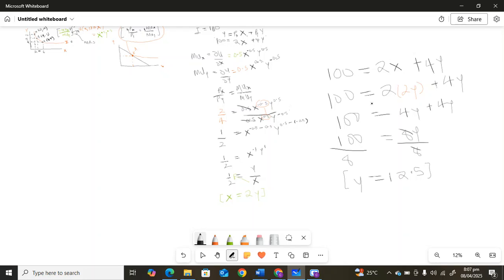Go back to our original equation, 100 equals 2x plus 4, and where there's y, we substitute 12.5. 12.5 times 4, that is 50. 2x plus 50.